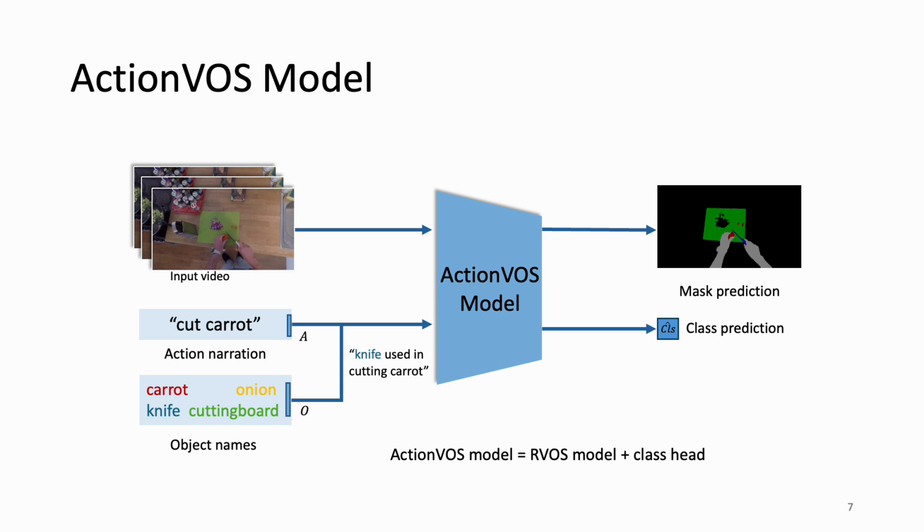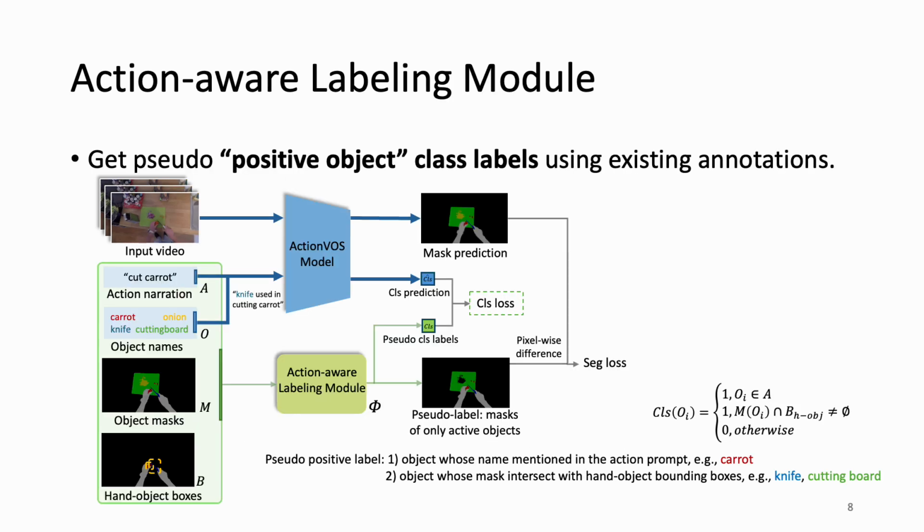This class head is used to classify if the input object name is active in the input action prompt. However, existing annotations do not have ground truth labels of whether the object is active in this action. To solve this challenge, we propose an action-aware labeling module to get pseudo-active object class labels by using existing annotations.